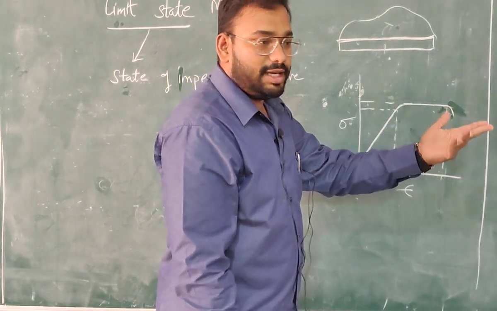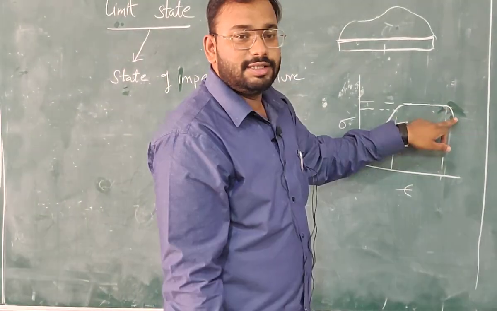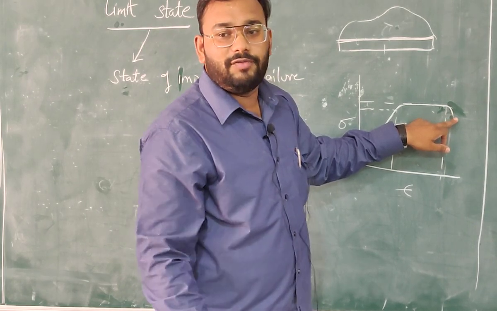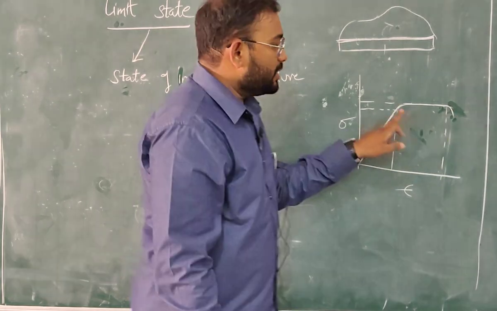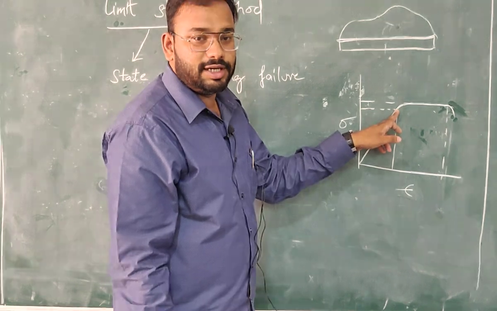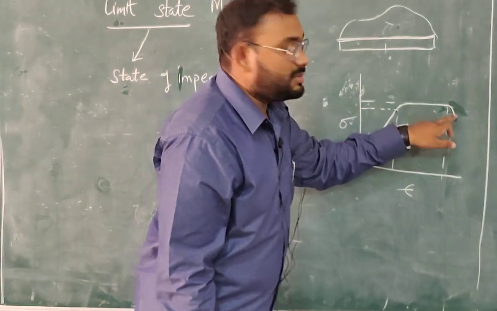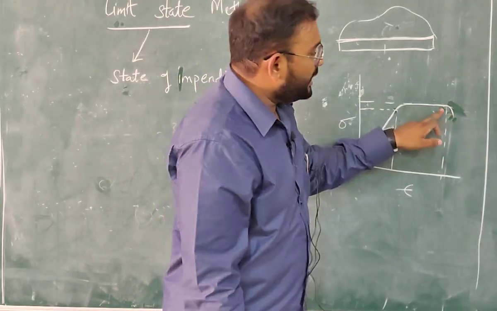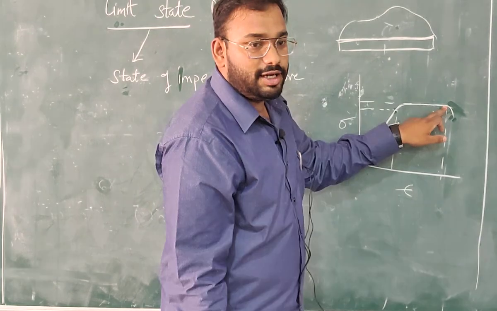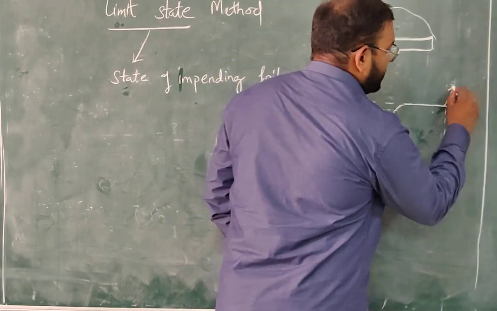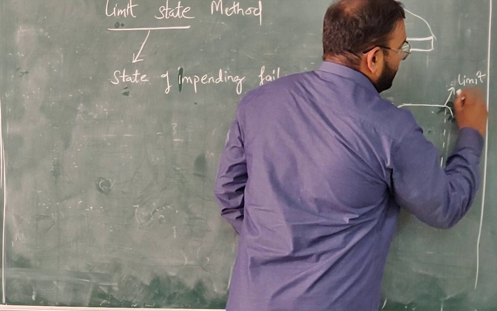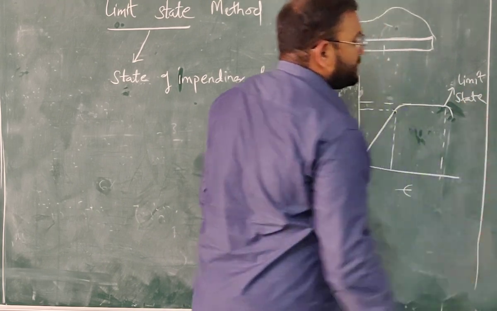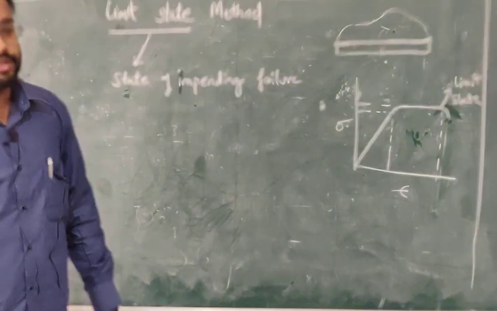So what does this mean? After this point, any structure is not capable of taking any load. Why? Because if the structure is designed up to here, it still has some strength here. But if you are designing the structure up till here, this is called the limit state. It is not capable of taking any loads now.